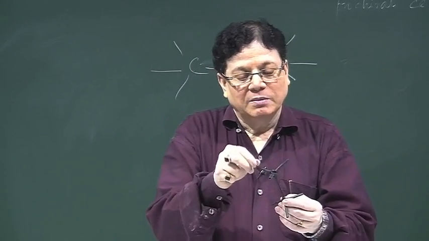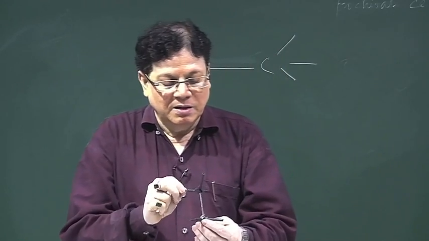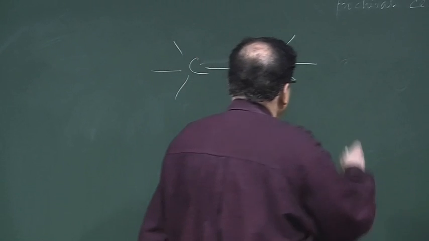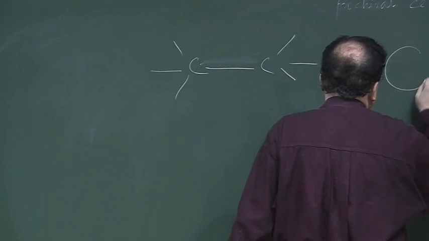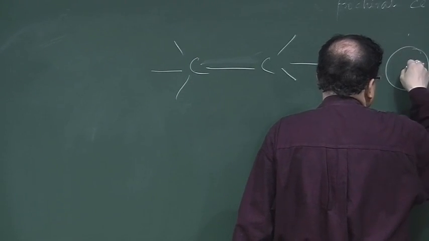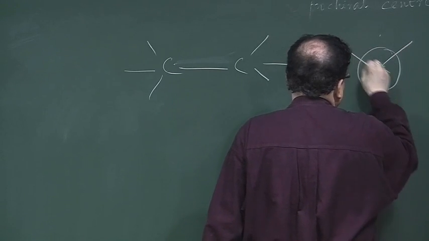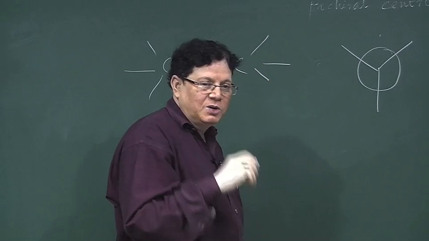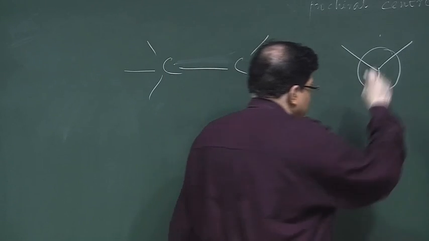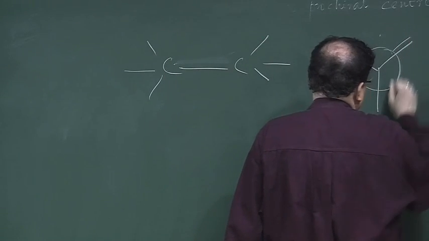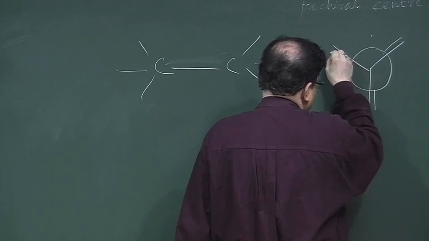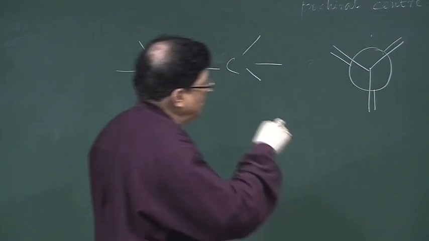But out of these, people have identified two extreme conformations. We are drawing the Newman projection formula, because that is the best way to describe conformation and analysis. In one case the molecule will look like this.